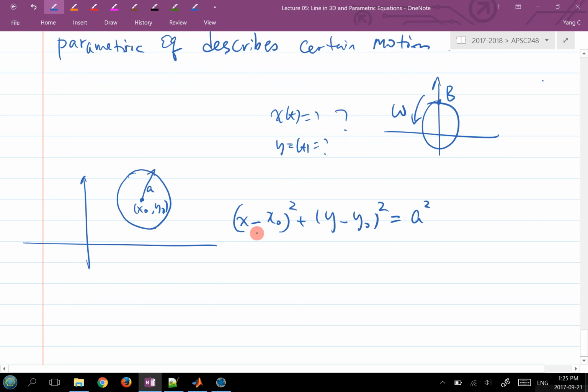So if I wanted to parameterize this one, you have a very similar approach, but in this case, because there's x naught, y naught, I'll just write it down here. x of t equals x naught plus a cosine omega t, and y of t equals y naught plus a sine omega t.